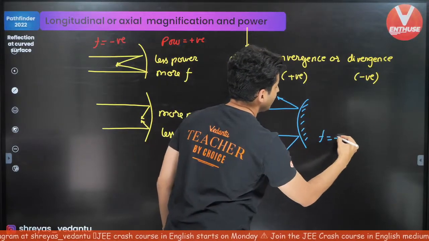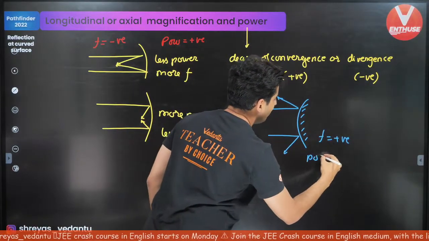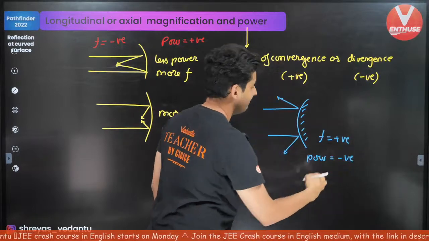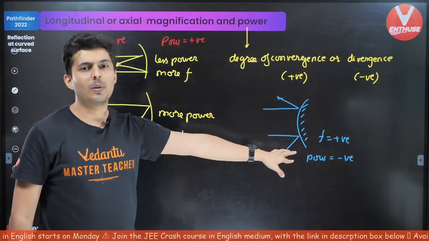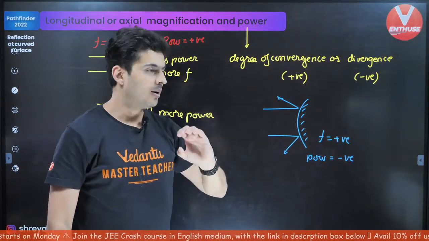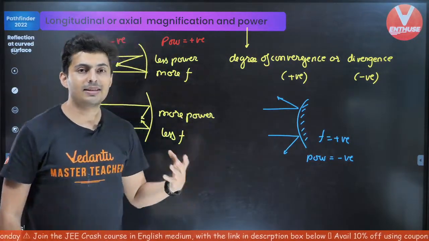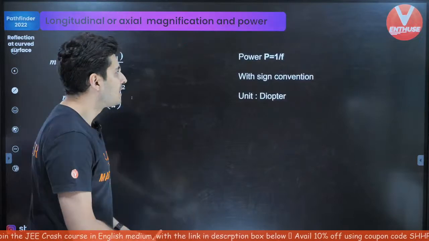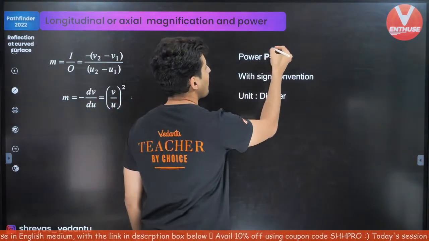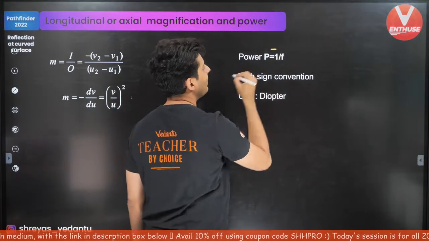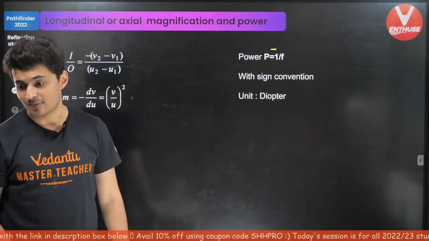The focal length will be positive, but the power will be negative. That means whatever is the sign of focal length, exactly opposite will be the sign of the power. That means power is not 1 by f, but indeed it is minus 1 by f. Very, very important. Minus 1 by f.